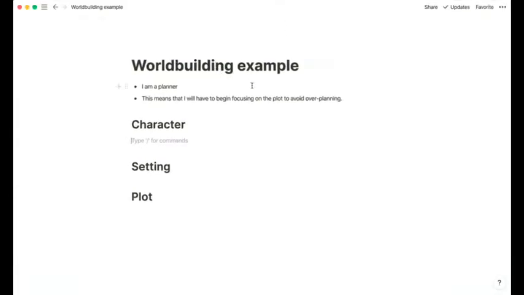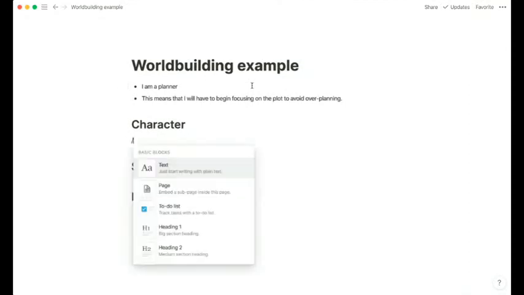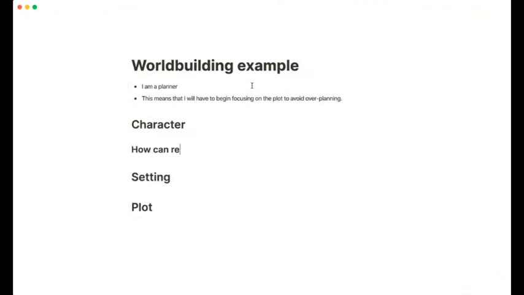And so if we look at the first character question, how can readers relate to the character? I'm going to be going through and creating a character.